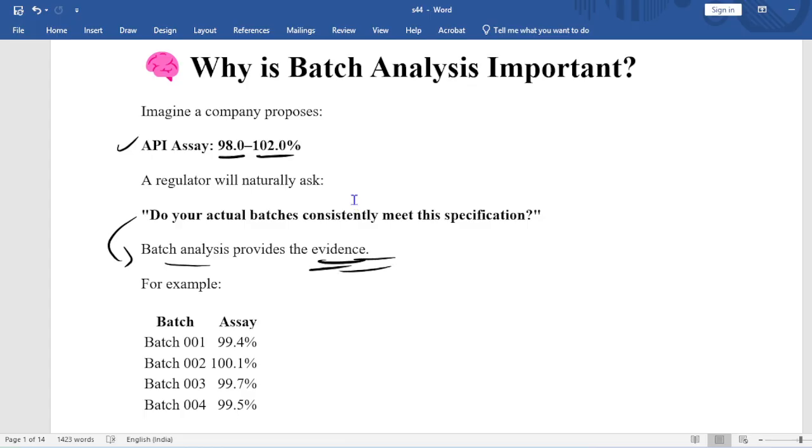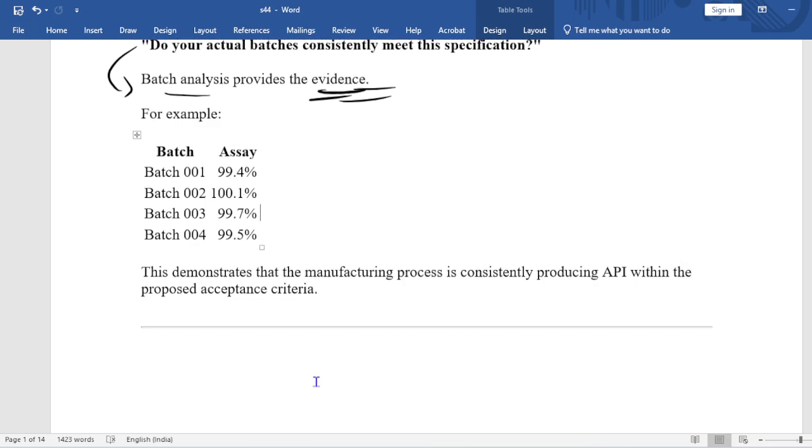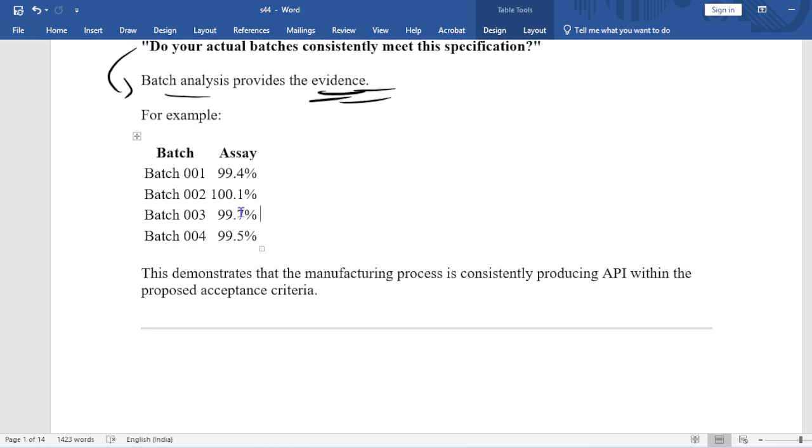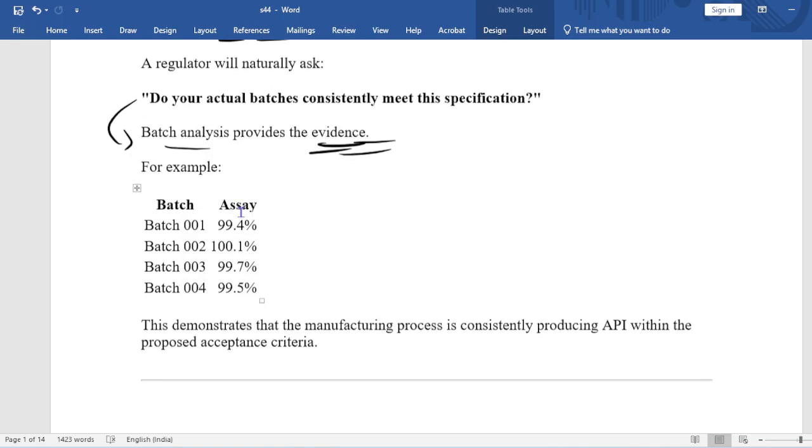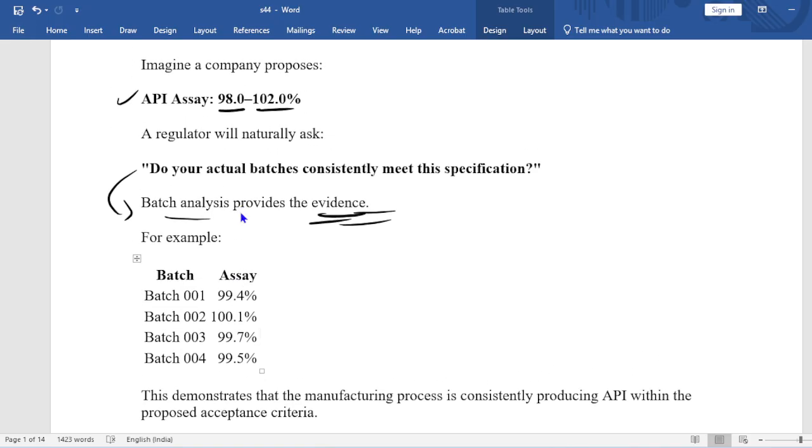For example, for batches 1, 2, 3, 4, we got results of 99%, 100%, 99.7, and the last one 99.5. All of these are within the proposed specification. This demonstrates that the manufacturing process is consistently producing the API within the proposed acceptance criteria.